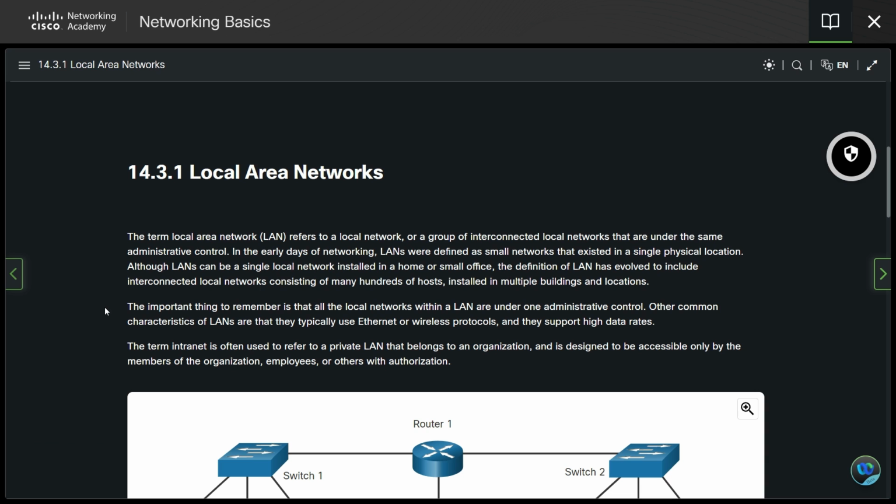Although LANs can be a single local network installed in a home or a small office, the definition of LANs has evolved to include interconnected local networks consisting of many hundreds of hosts installed in multiple buildings and locations. The important thing to remember is that all the local networks within a LAN are under one administrative control. Other common characteristics of LANs are that they typically use Ethernet or wireless protocols, and they support high data rates.